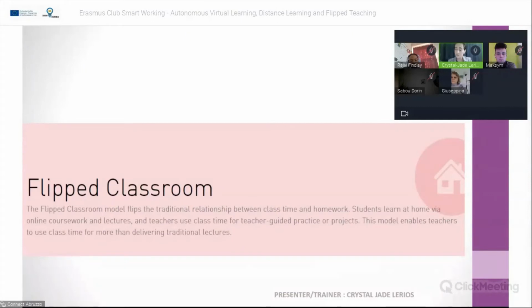They can pause it and go back as many times as they need, meaning that they come back to classroom with a much better idea because they did it at their own pace. They watched the theory, they're more prepared, they're more confident now. They come to classroom, and in the classroom, you focus on the implementation of the knowledge that Josefina shared with her students. I hope I'm saying your name correctly, by the way.